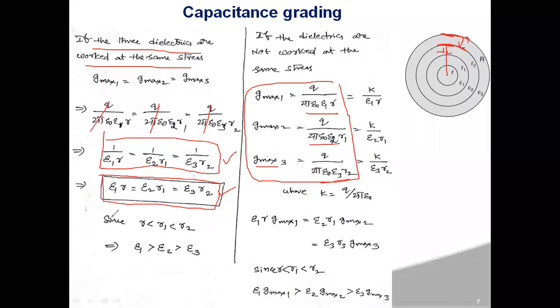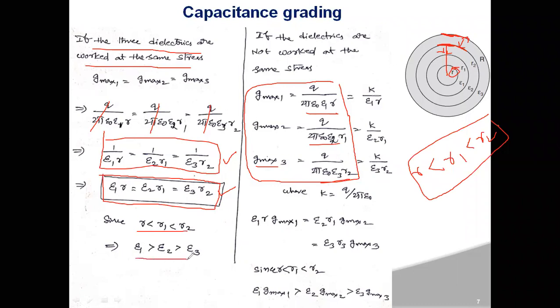Now you also know from the diagram that r is less than r1, and r1 is less than r2. Because of this, the epsilon values for the three dielectric materials will be epsilon 1 greater than epsilon 2, which is greater than epsilon 3.